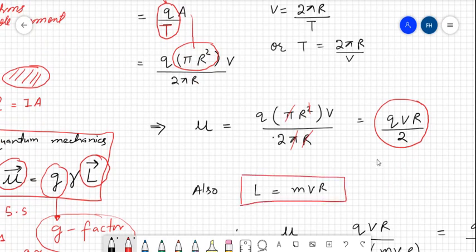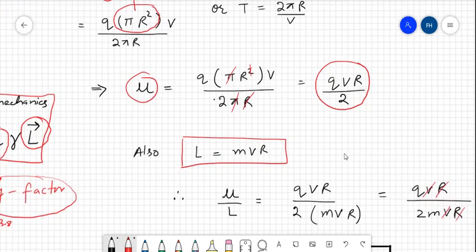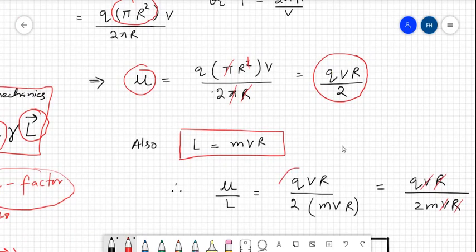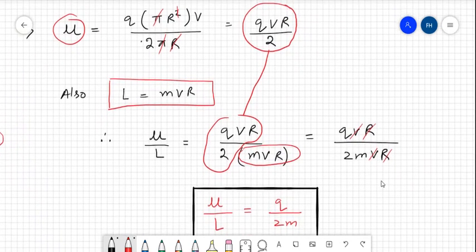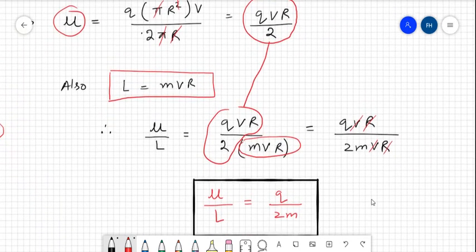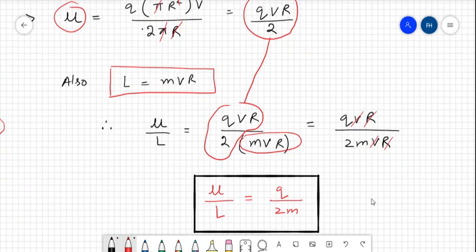If we take the ratio of mu and L, mu divided by L, it's qvr by 2, that is our mu, divided by mvr, that is our angular momentum. It will be equal to qvr by 2mvr, v gets cancelled out, r gets cancelled out, so mu by L equals q by 2m. So in classical systems, you'll always find that mu by L equals q by 2m.